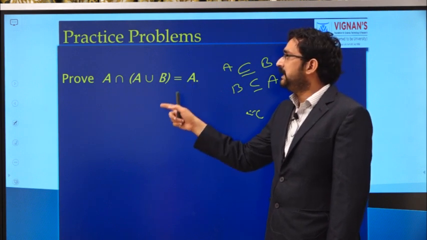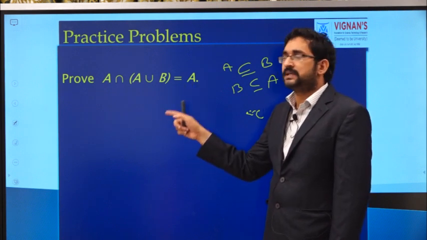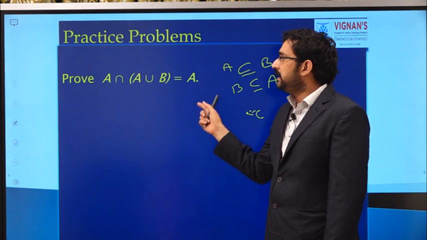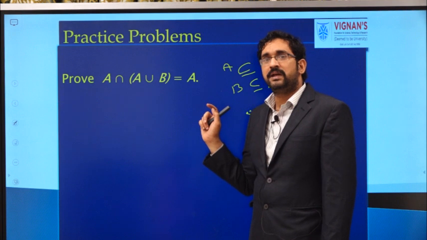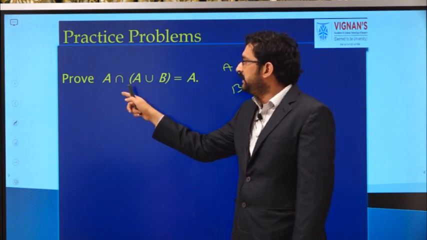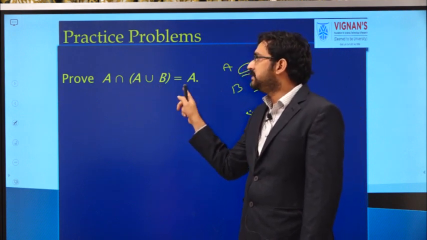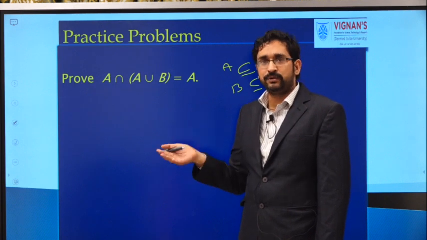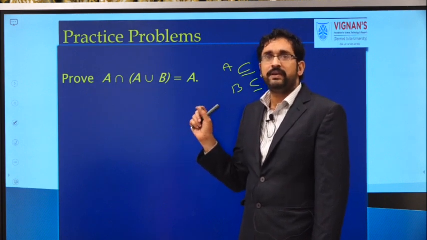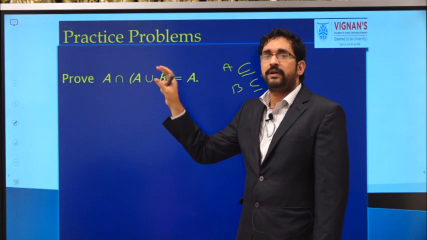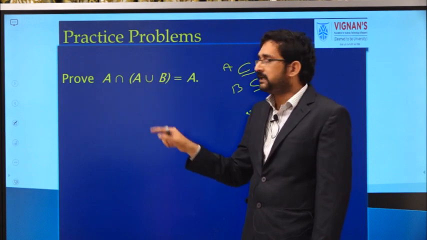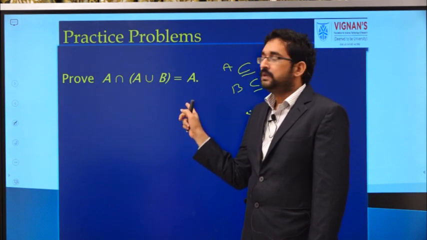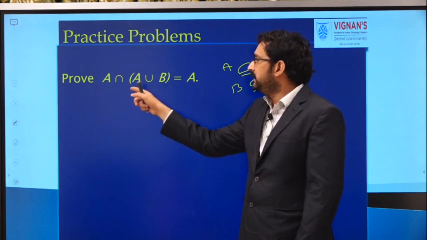That is, A intersection (A union B) is a subset of A, and A is a subset of A intersection (A union B). For example, if we want to prove that A intersection (A union B) is a subset of A, how can we prove that it is a subset? Take one element in this set. If we are able to prove that that element is also in A, we can say that this is a subset of A. So first take one element in this set.